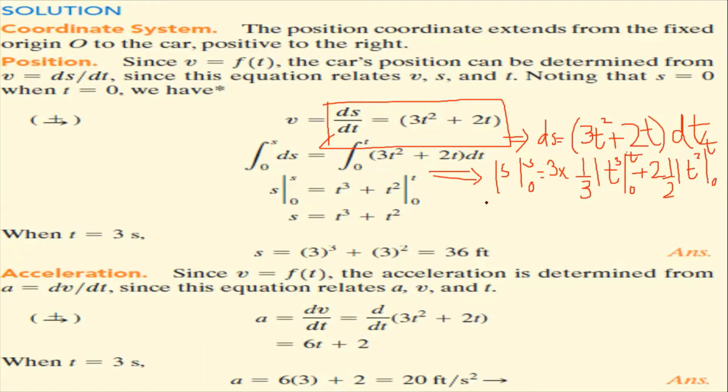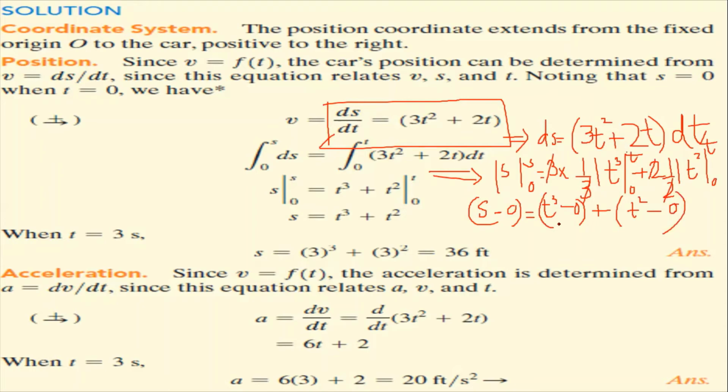So s minus s naught, s minus 0, the 3 cancels. So it will be t cube minus 0, the 2 cancels, t square minus 0.